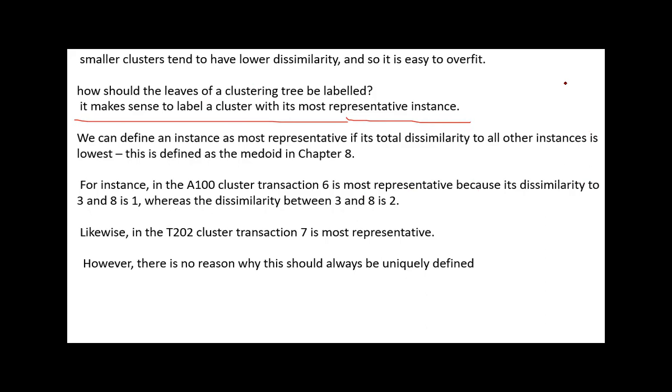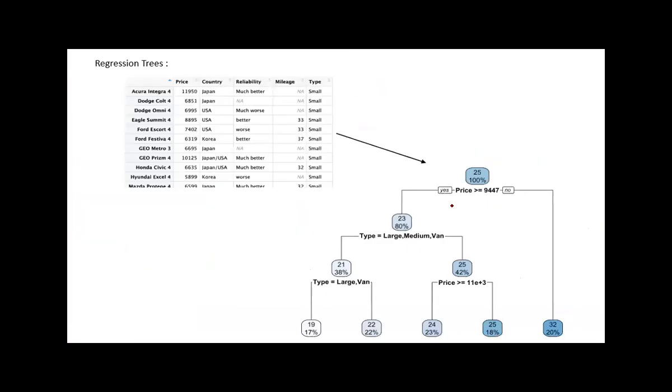Instead of giving the actual entry, the most representative instance. For example, we can define an instance as most representative if its total dissimilarity to other instances is the lowest. This is defined as the medoid in chapter 8, which we read in chapter 8. For instance, in the A100 cluster transaction, we have 368.